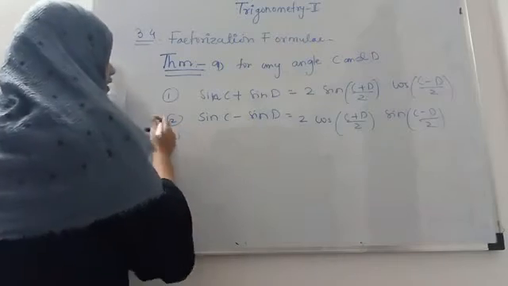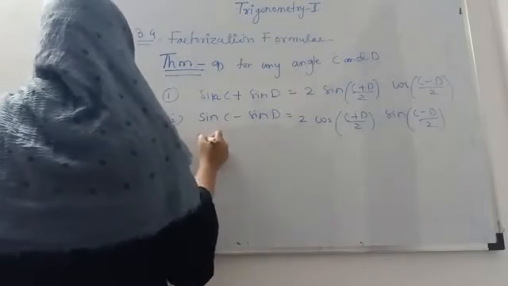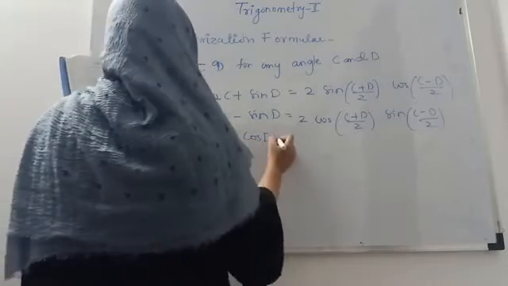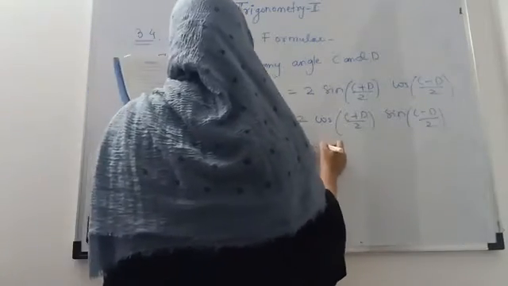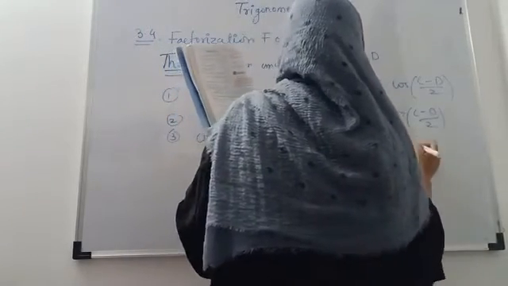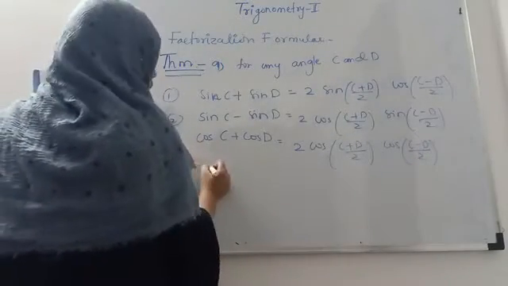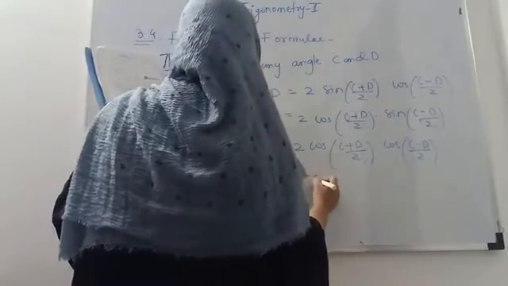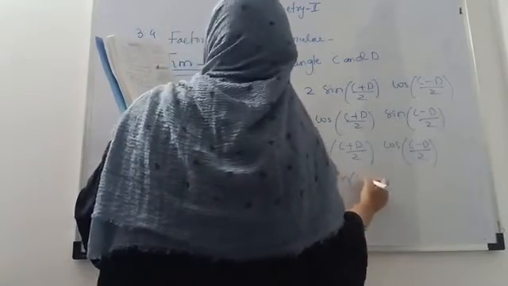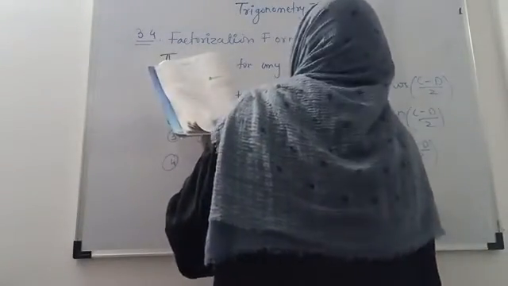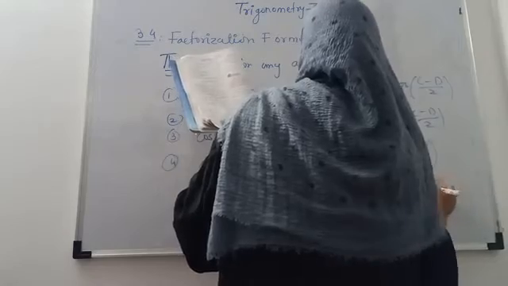Now the third one is cos C plus cos D is equal to 2 times cos C plus D upon 2 into cos C minus D upon 2. And the fourth one is cos C minus cos D, which is equal to minus 2 times sin C plus D upon 2 into sin C minus D upon 2.